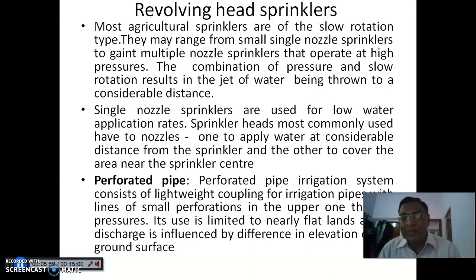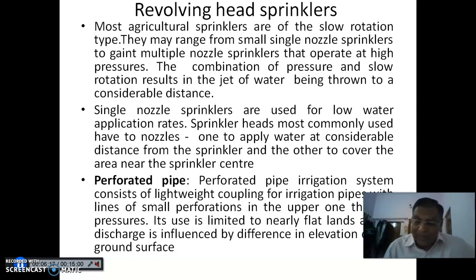Its use is limited to nearly flat lands, as the discharge is influenced by differences in elevation of the ground surface. So when the surface is very flat and even, you can use these. But by and large, the utilization of perforated pipe in sprinklers is very limited.